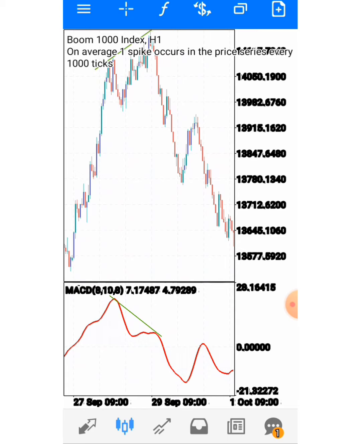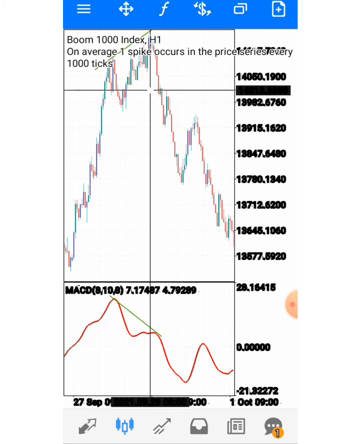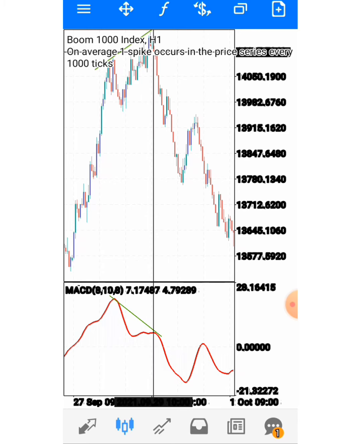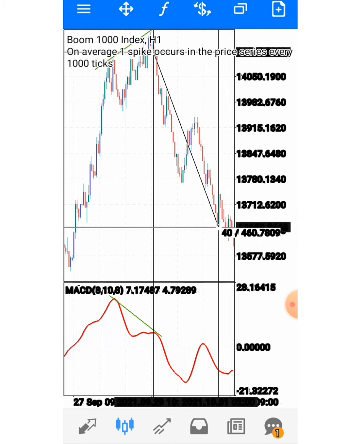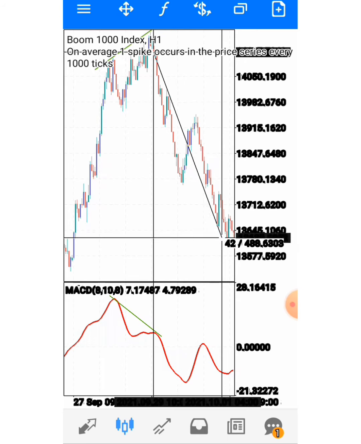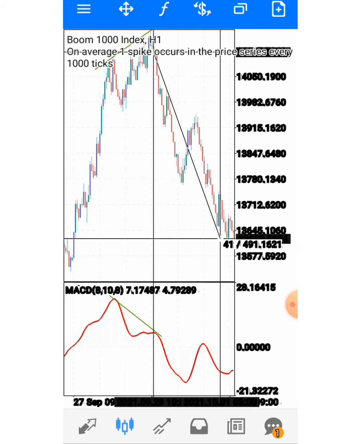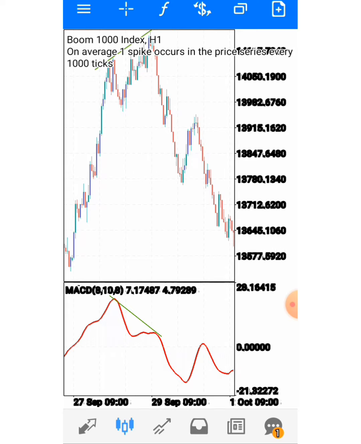Look at how the market moved massively down. Imagine trading it to the next support level, about 400, you can make 491 pips. So this strategy is good. Just be patient with the market. You will surely find a nice setup like this, then you ride the move.